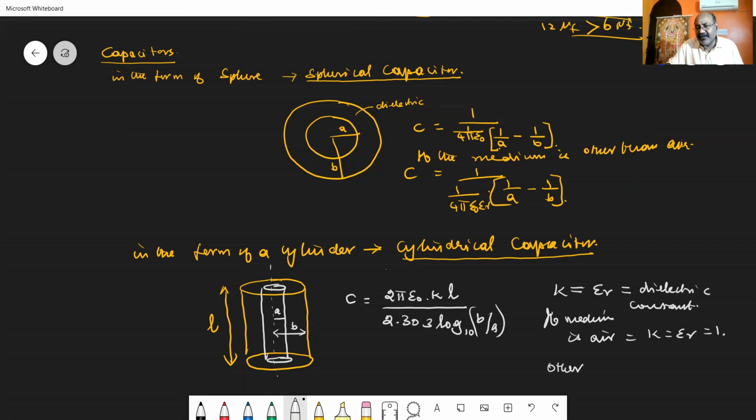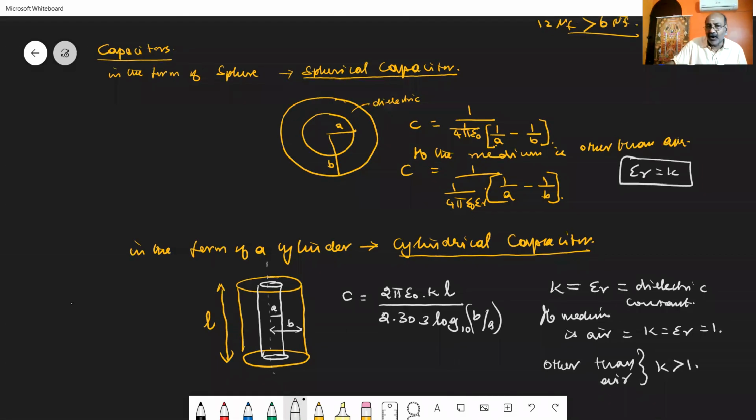If the medium in between the two cylinders is other than air, then the value of K will be greater than 1. Here also, you can introduce epsilon R or the value of K, both are considered the same. You just note down the formula alone.